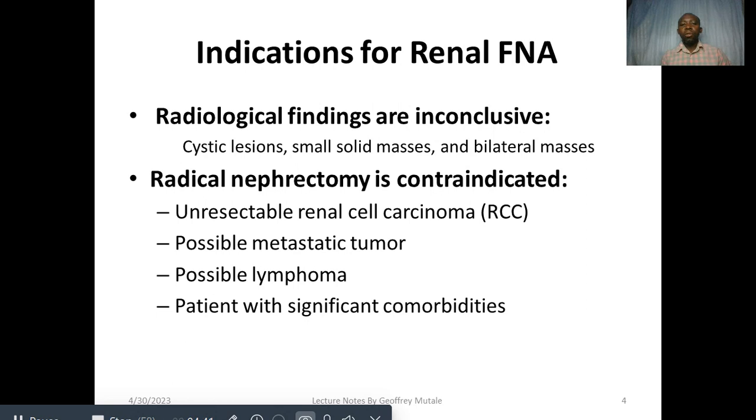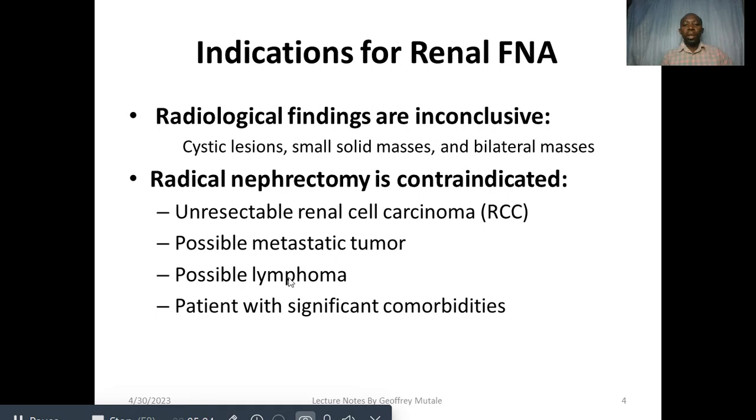Radical nephrectomy is also contraindicated, and in this case we look at cases of unresectable renal cell carcinoma, possible metastatic tumors. We look at the possibility of a lymphoma.